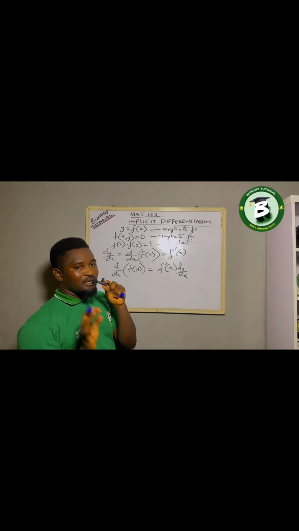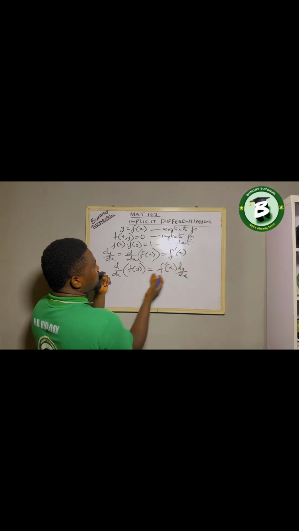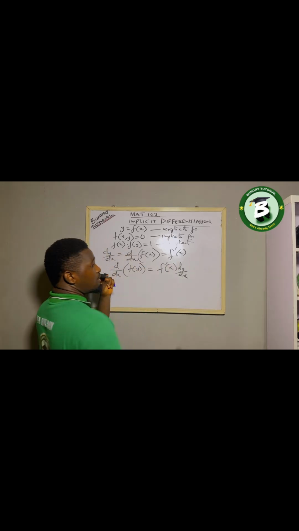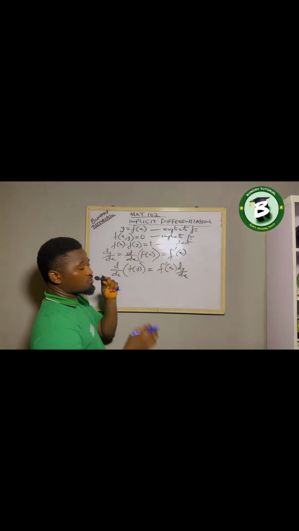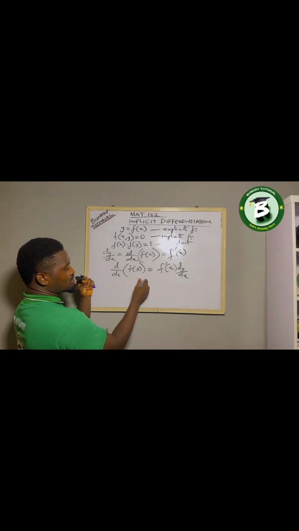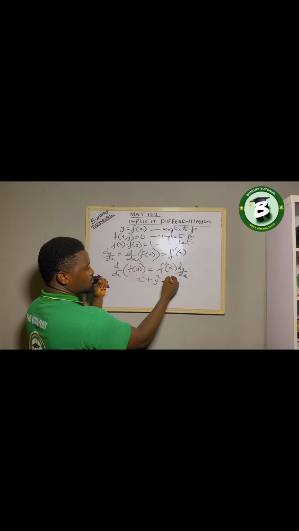So that's what makes implicit differentiation different from explicit differentiation. Because in explicit, we are only concerned with a function of x, while implicit is concerned with a function of x and a function of y. Are we here now? An example of implicit is something like x squared plus y squared equals 1.